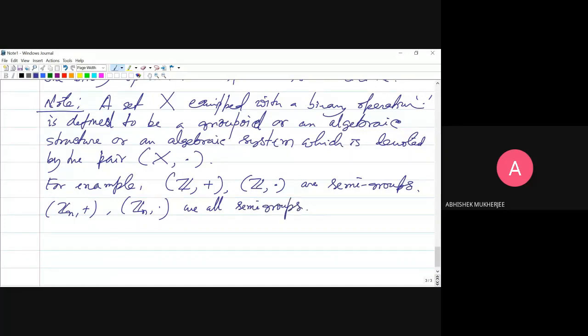Now one can ask what will happen if we consider the difference on the set of integers. The difference will not be associative because (a minus b) minus c will not be equal to a minus (b minus c). So Z with respect to minus is not a semigroup.